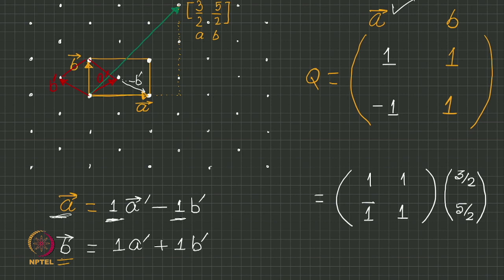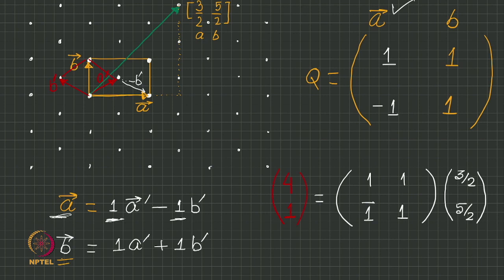If everything works well, the multiplication should give me the red coordinates. And what is the multiplication giving? Minus 3 by 2 plus 5 by 2 is 2 by 2, which is 1, and 3 by 2 plus 5 by 2, 8 by 2, is 4. So, it is telling you that the same green vector can be expressed as the vector 4 1 in terms of the red coordinates.